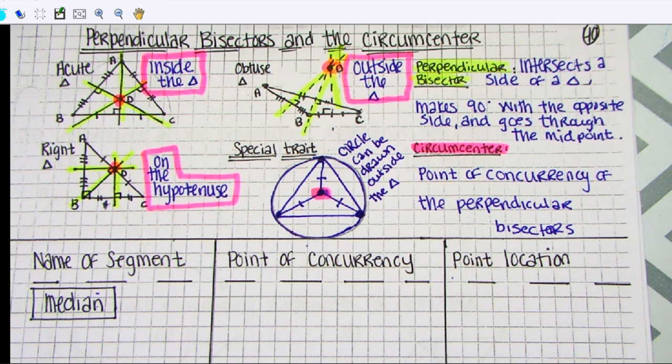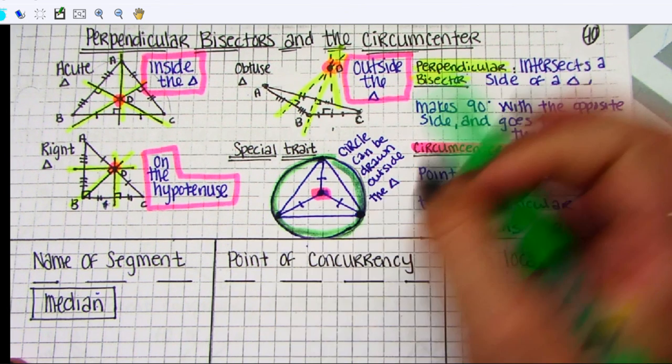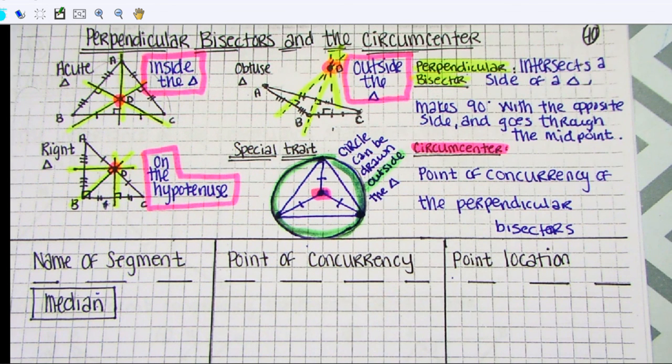So what happens is I have this triangle. A circle has now been created around it. Circle can be drawn outside. So those are all 4 of your new vocabulary words. It's a lot. I know it's a lot. You're learning a lot of new vocabulary words at the same time.